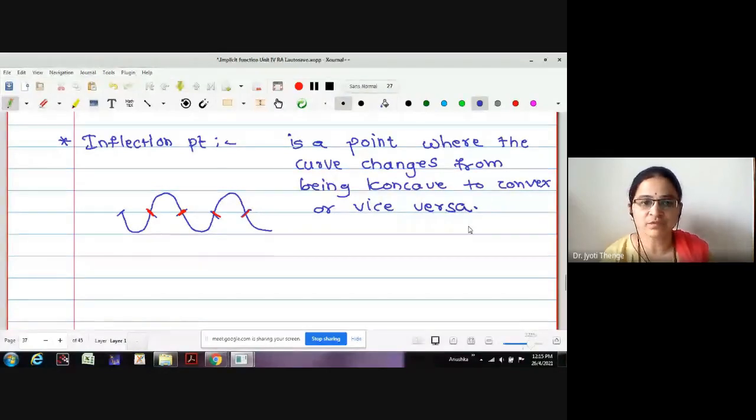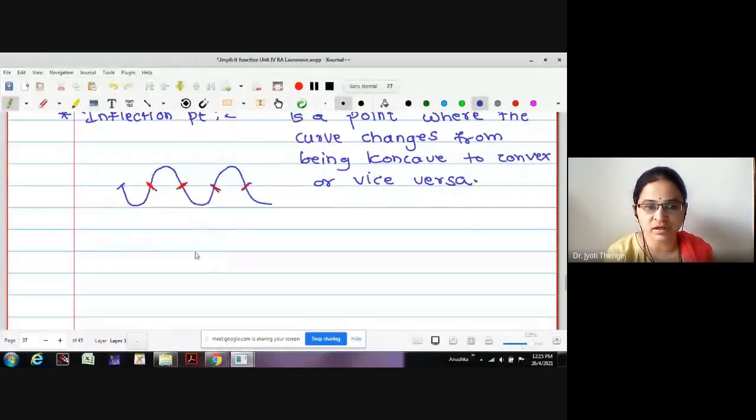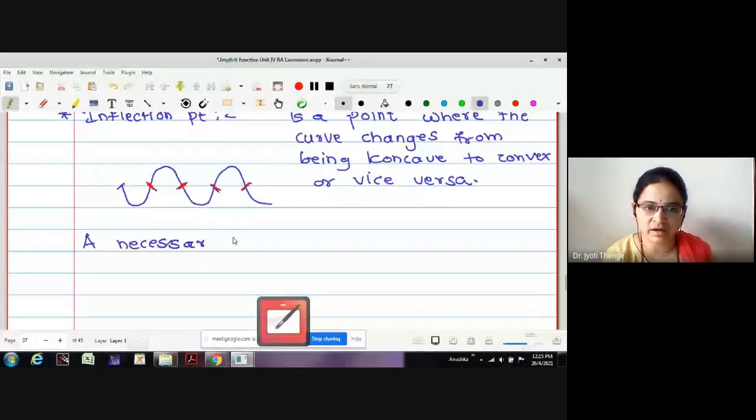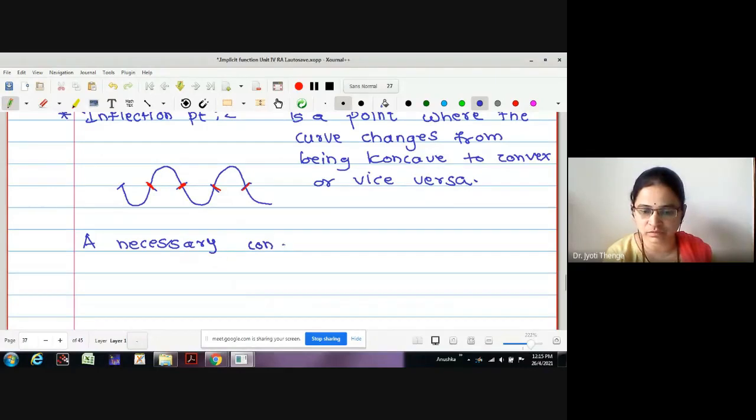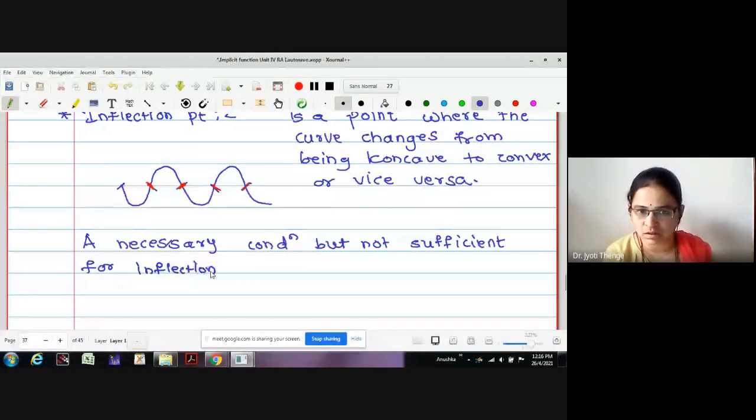Okay, therefore, what is the necessary condition for the inflection point? Necessary but not sufficient, I can say. A necessary but not sufficient condition for an inflection point is f double dash of c equal to 0.